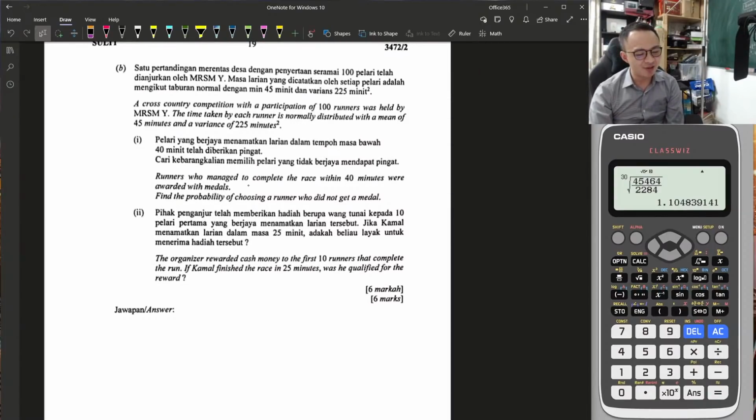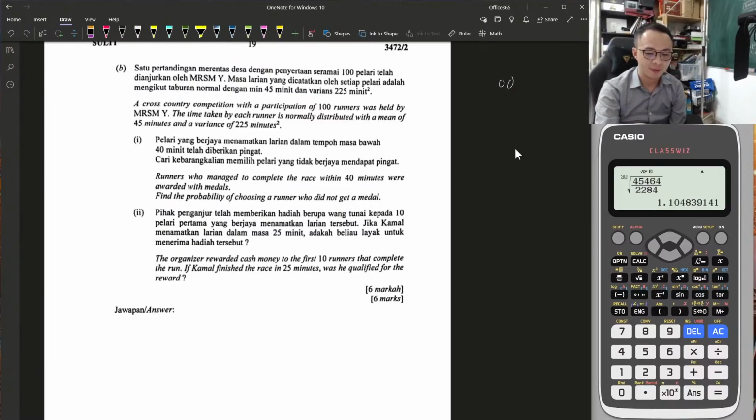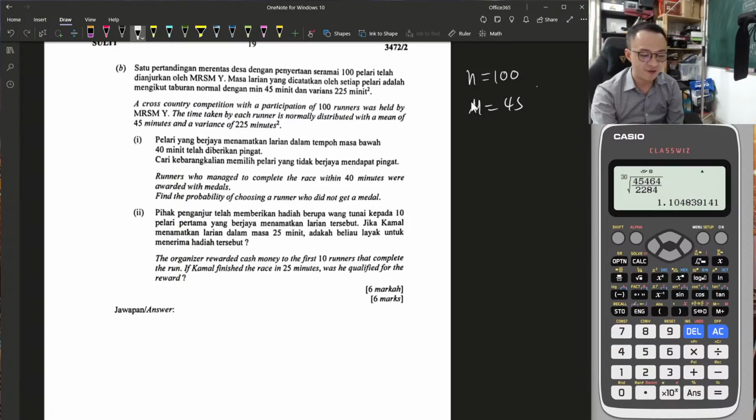A cross-country competition with the participants of, okay, so we have 100 participants, and it's 100. Let me make this one thicker a little bit. Okay, then we know the time taken by each runner is normally distributed, which the mean is 45.